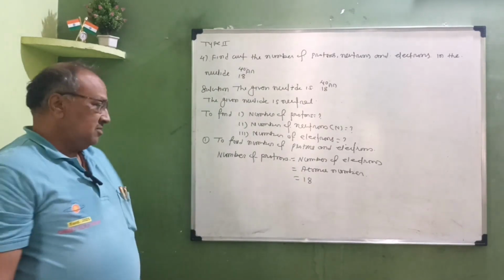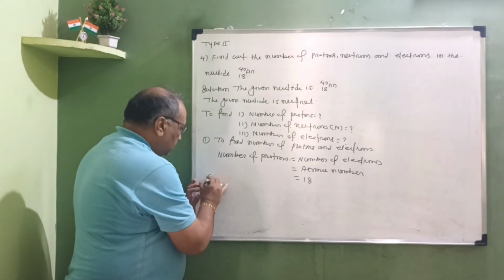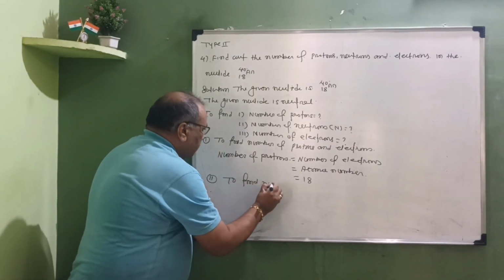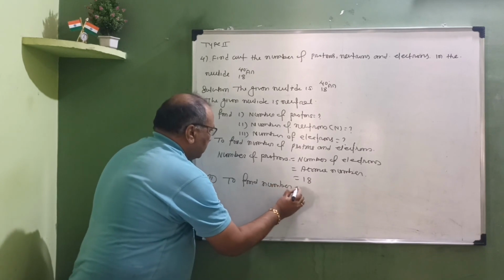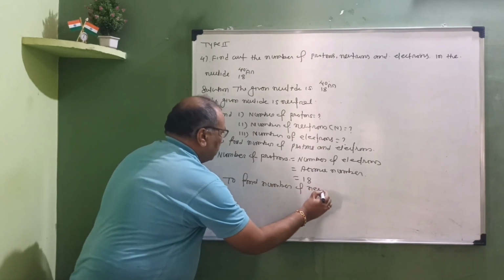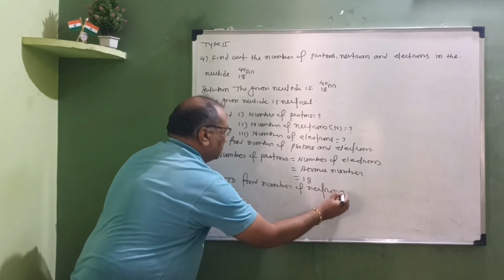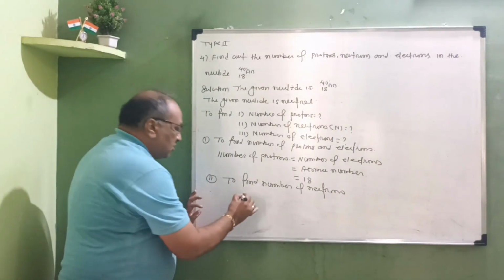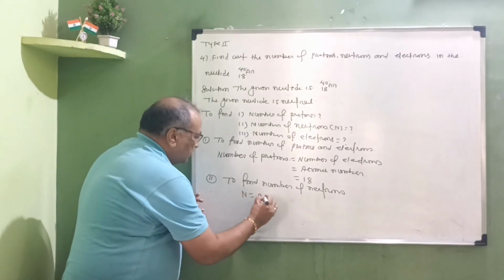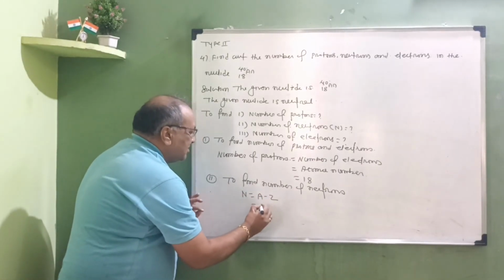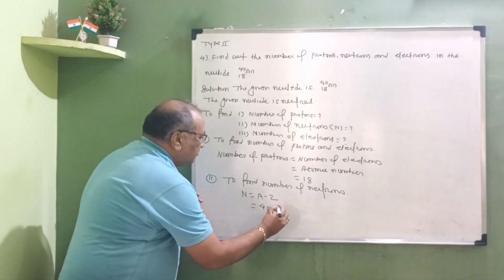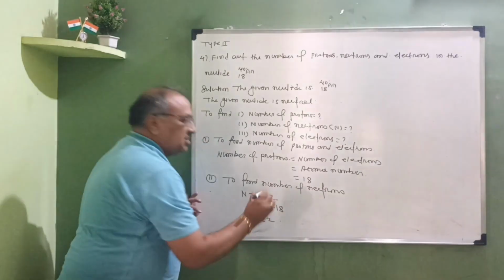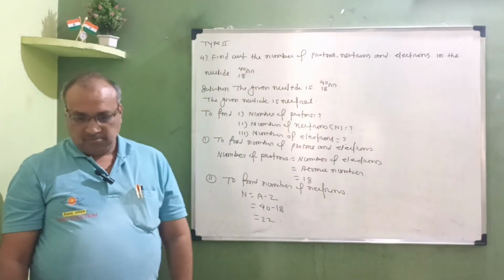To find number of neutrons, that is number of neutrons n is equal to A minus Z, that is 40 minus 18 is equal to 22.